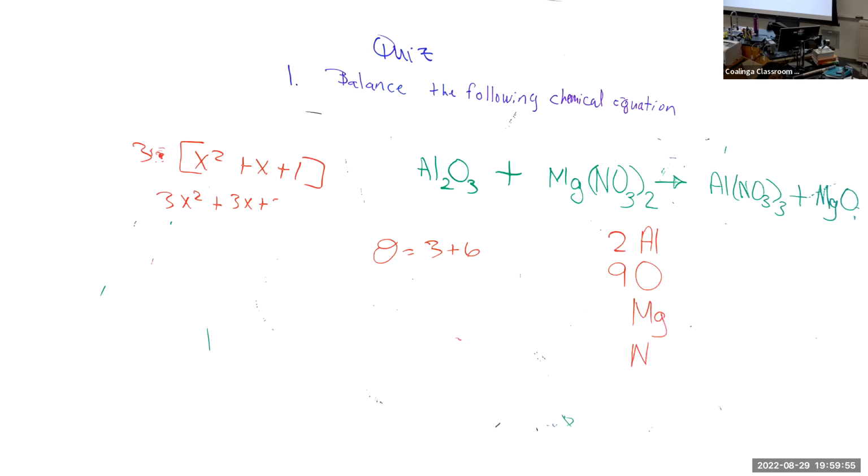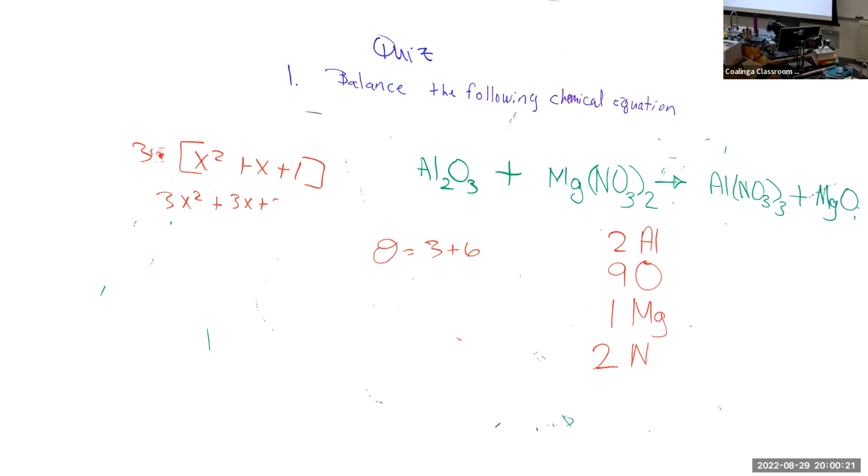Okay. How many magnesium do I have? What's next? Okay. How many nitrogens do I have? 1, 2. Okay, so it's in parentheses. So since it's in parentheses, it's 2.